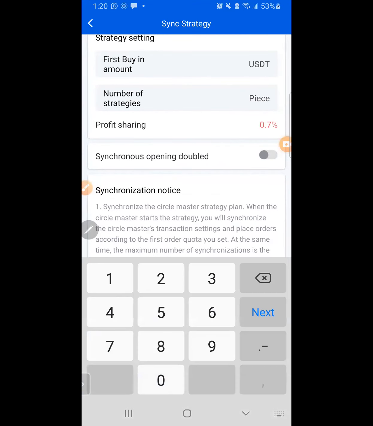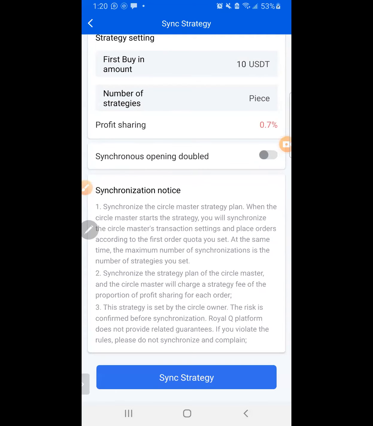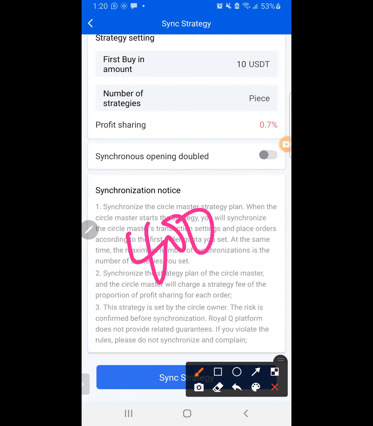Okay, thank you. You're welcome. Please, how many coins will it trade for me with this capital? With this capital, it's going to trade 2 coins for you for now. Then it will keep compounding. Once you see that you already have like 400, you can come back here, cancel the strategy, click sync strategy again, put 10 and change it to 4.